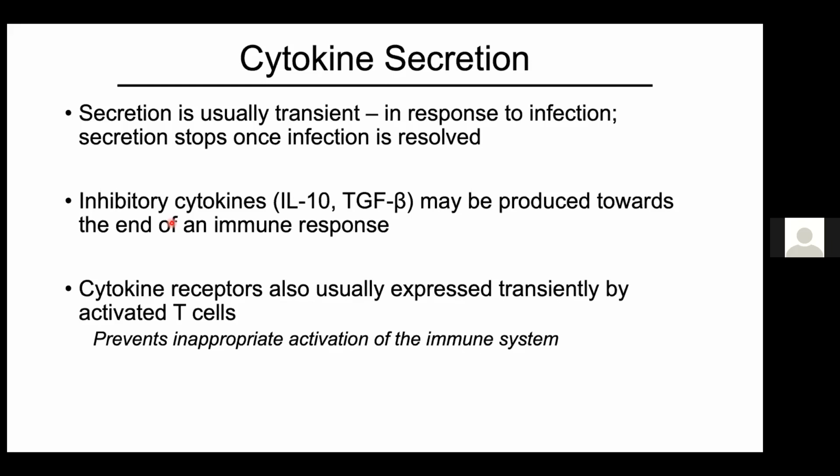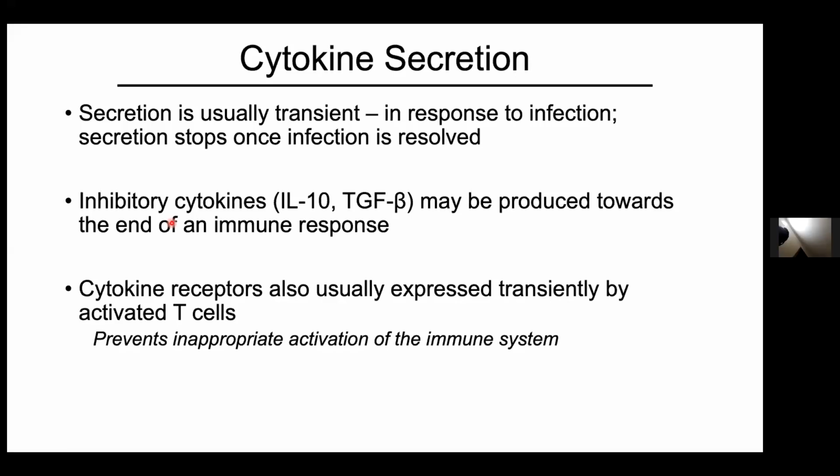And the other important thing with cytokine secretion is that their receptors are also expressed transiently by activated T cells. This is in the adaptive immune response. So this would prevent inappropriate activation of the immune system. So in this case, if you don't get the receptors of a particular cytokine being expressed, even if you have a cytokine being produced erroneously, then it cannot have any effect because the cell doesn't have the receptor.